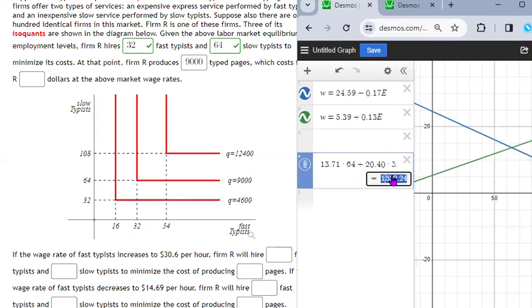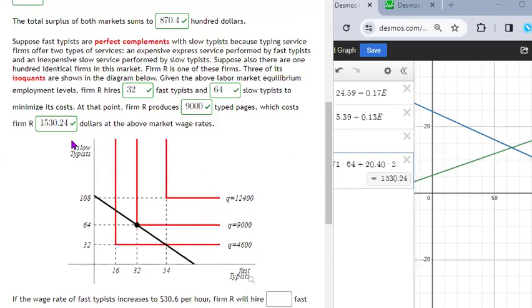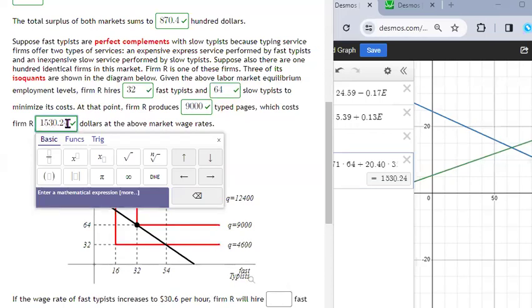That labor will cost the firm $1,530.24. Now, this line here is an iso-cost line. At every point on this line cost the firm $1,530.24.